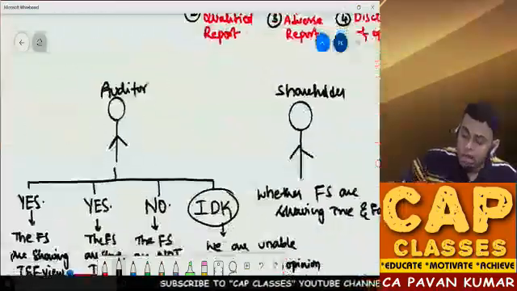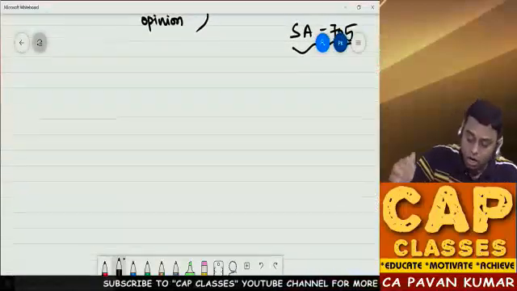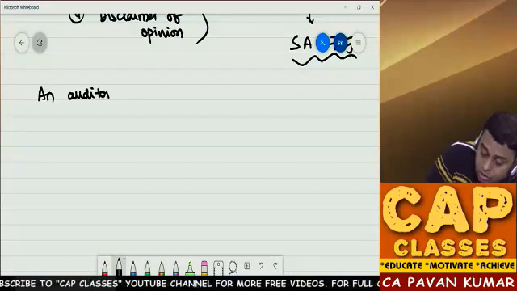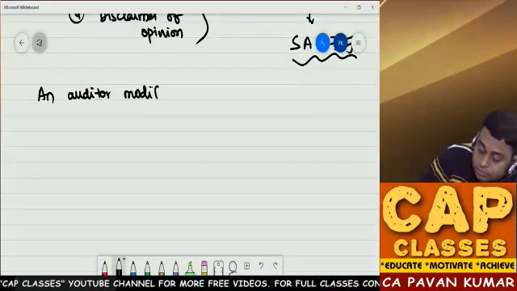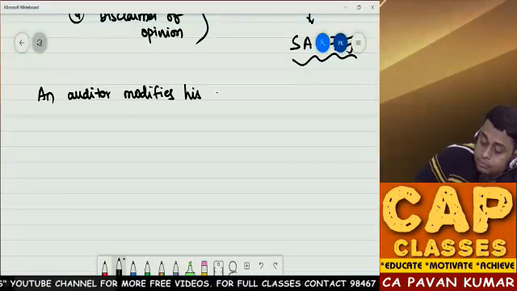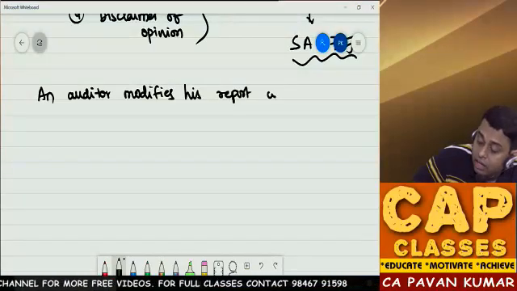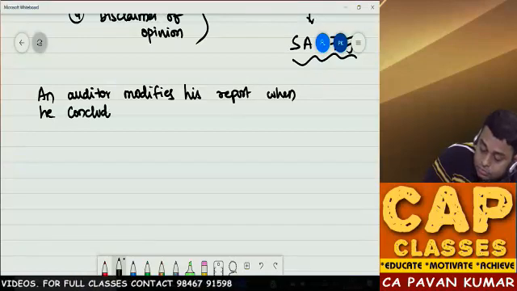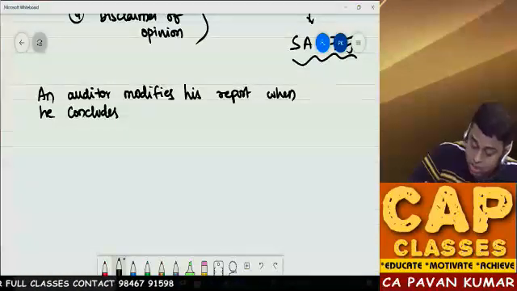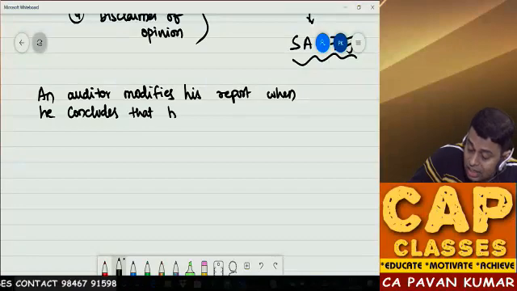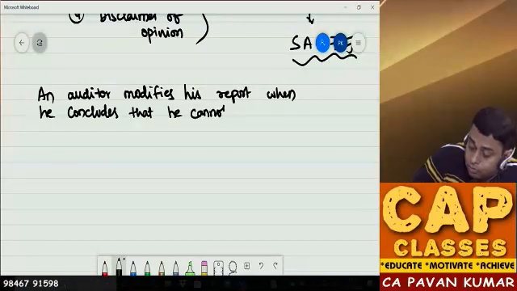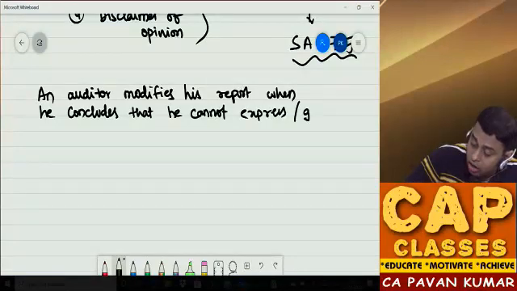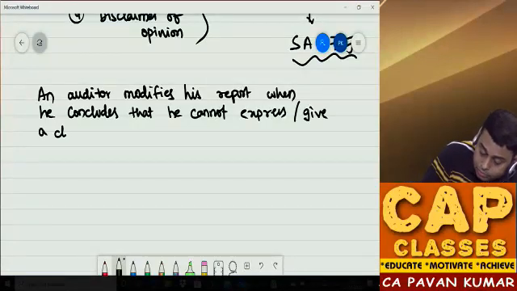So an auditor modifies his report when he concludes that he cannot express a clean report.